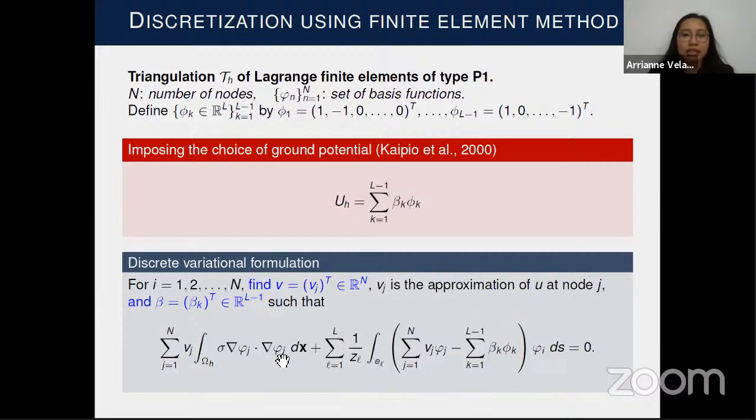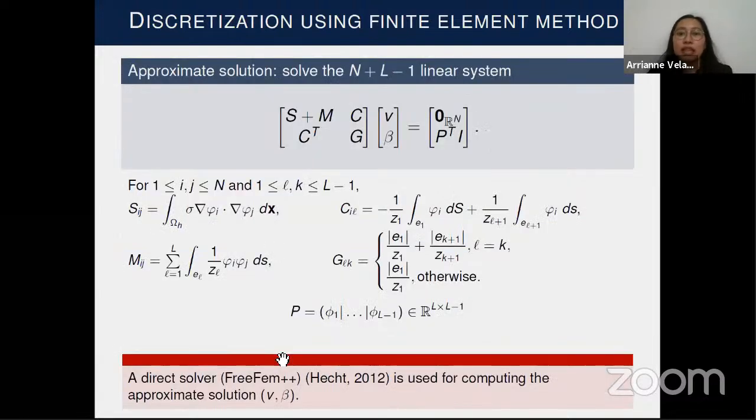So discretizing this variational formulation and also the boundary conditions, we now have an equivalent n plus L minus 1 linear system. So we just need to solve this linear system to solve the CM forward problem.